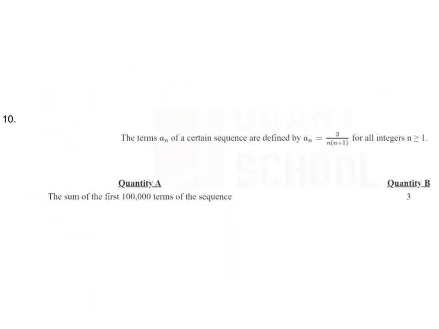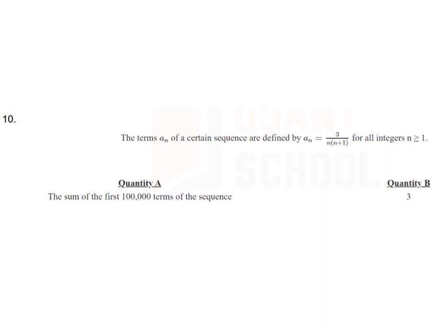In the last question, the term of a certain sequence is defined by an equal to 3 by n into n plus 1 for all integers n greater than or equal to 1. Quantity A asks for the sum of the first 100,000 terms of the sequence, and quantity B is 3.